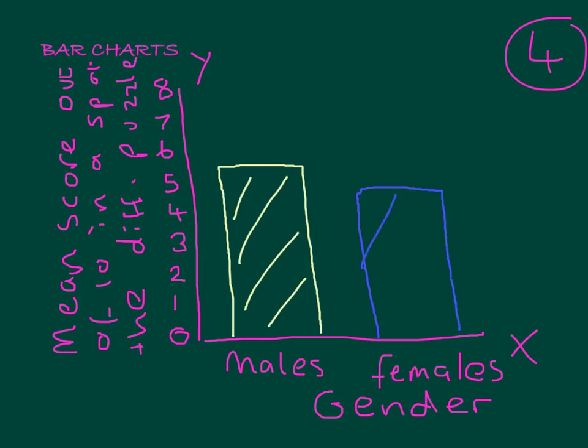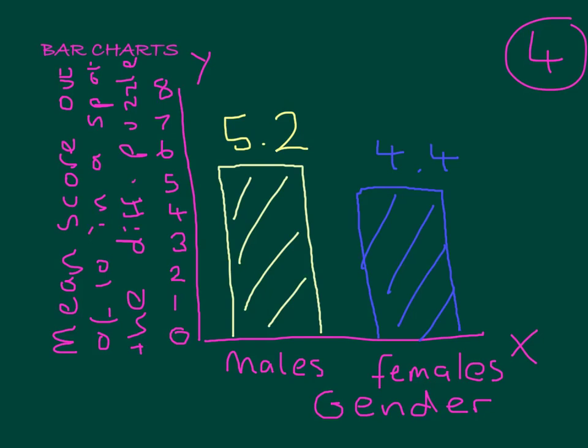It's probably near 5, but anyway. 4.4, and our males were 5.2. And that's how you would draw your bar chart.